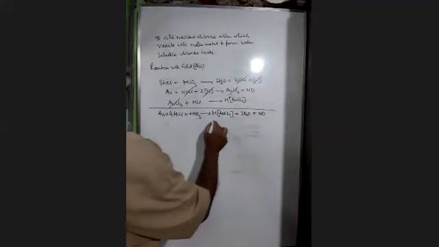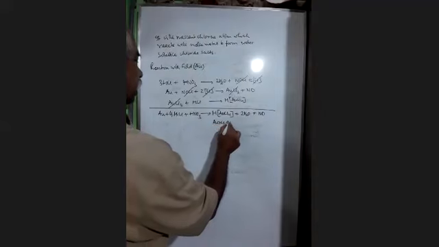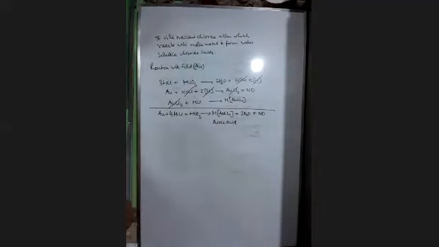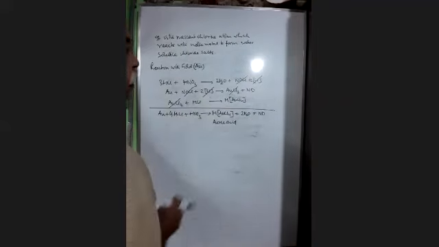Okay. So this is called auric acid. Why? Because in water it dissociates as H plus and AuCl4 minus. All right. This equation may not match with your textbook equation because this is the original equation. And this is called nitric oxide.